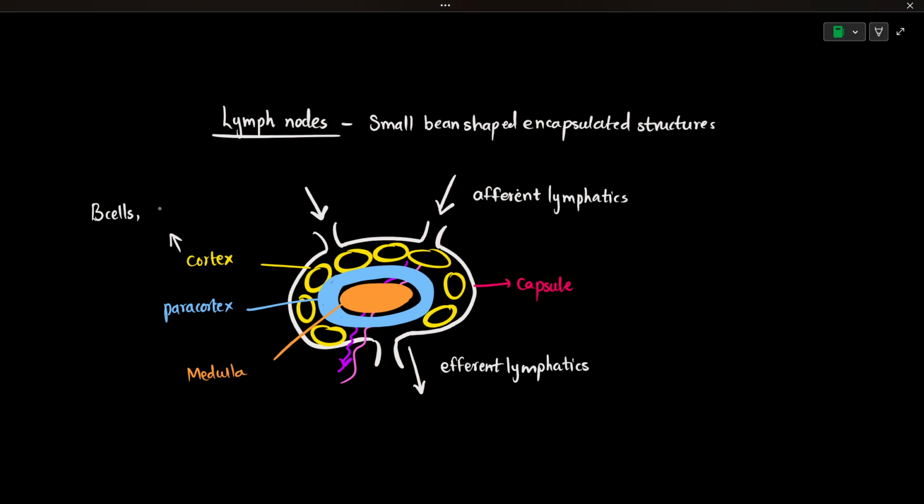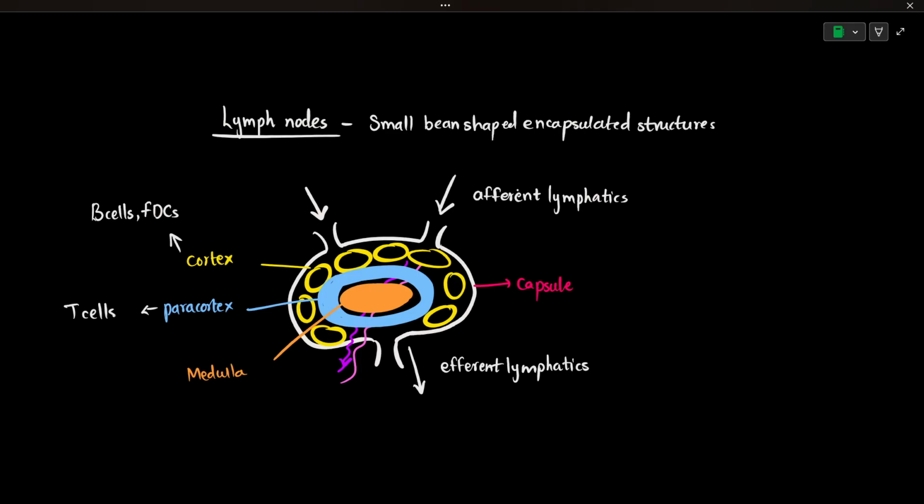Besides the B cells, it will have follicular dendritic cells, which are helpful in the activation of those B cells. Follicular dendritic cells do the antigen presentation to the B cells so that the B cells get activated here.